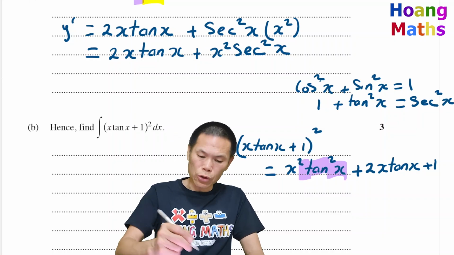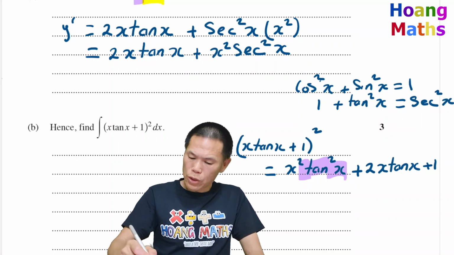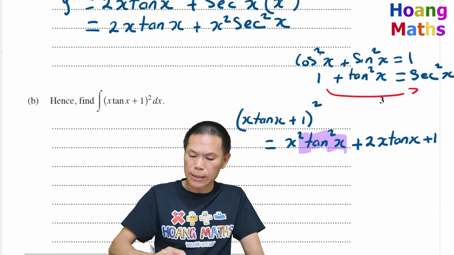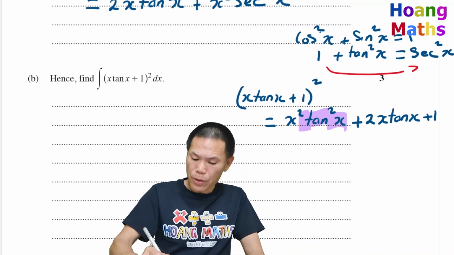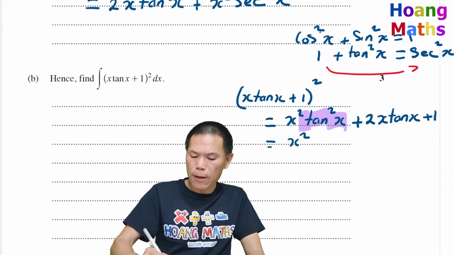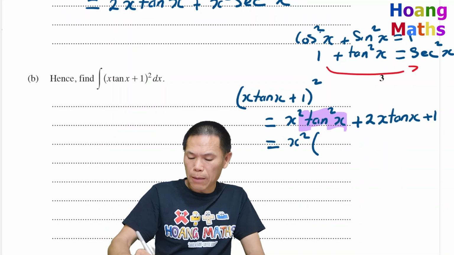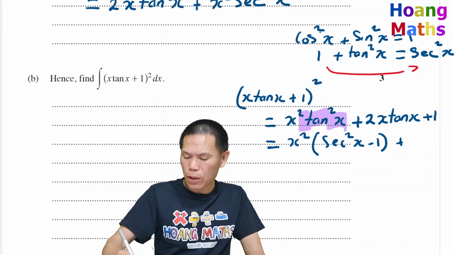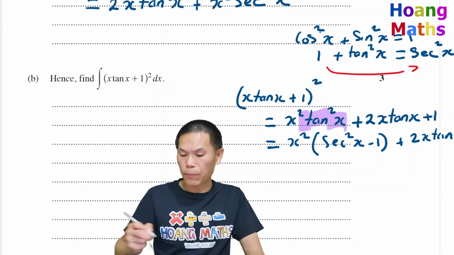So we move the 1 to the other side and it becomes minus. Let me write this down. That is x squared times sec squared of x minus 1, and we add 2x tan of x plus 1.